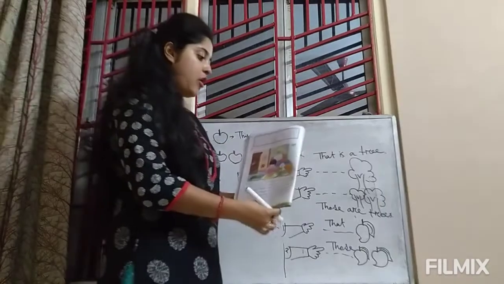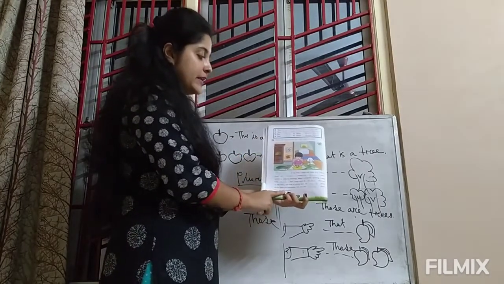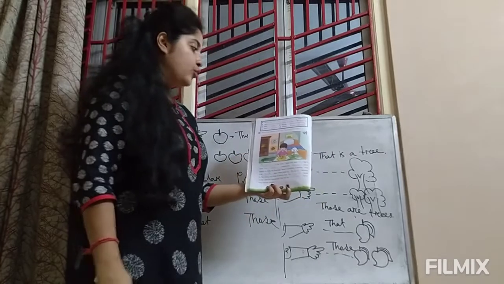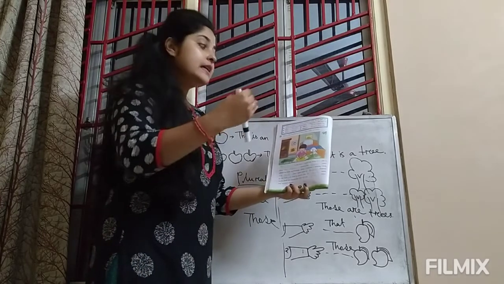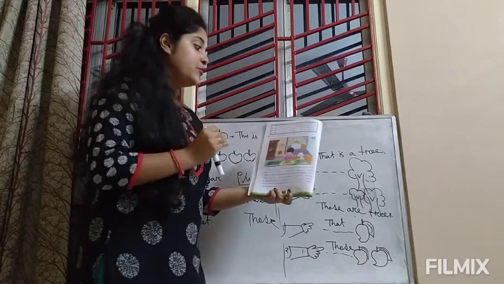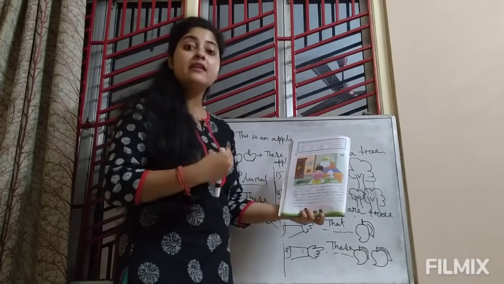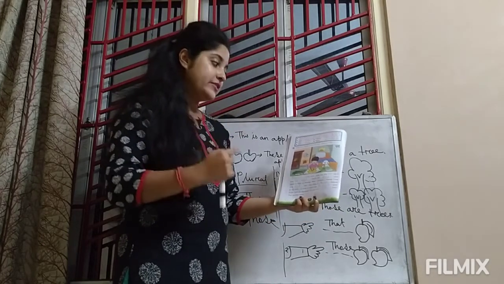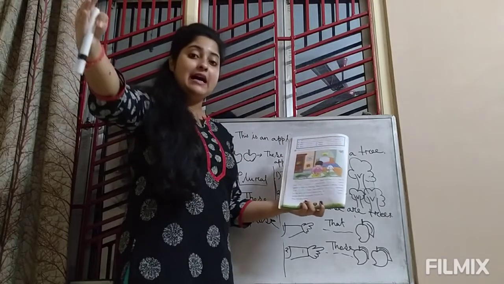So now look at this box again, the box at page number 28. This is used for a person, place or thing that is near us. Fine? That is used for a person, place or thing that is far from us.